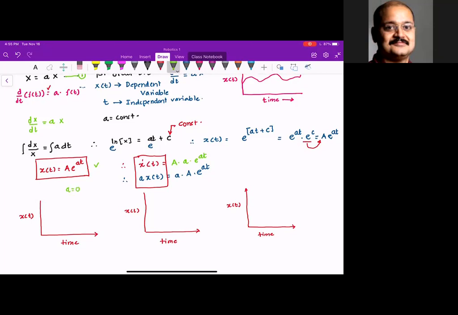You agree with me, when small a is equal to 0, for all time t, from t equal to 0 to t equal to infinity, this is going to be a flat line.